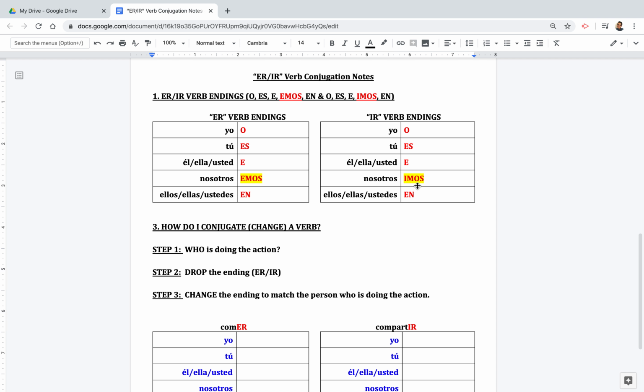Now, the easiest way to remember this is just to remember the ending of the verb. If the ending is er, then nosotros will be emos. And if the ending is ir, then the ending will be imos. So you can see that the letter of the endings are in emos and in imos.